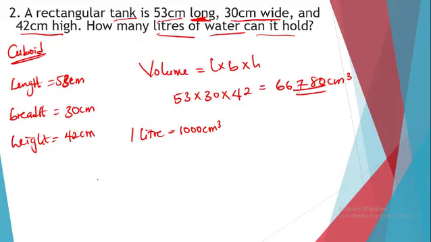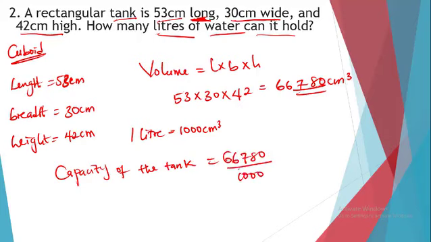If that is the case, then the capacity of the tank would then be equal to 66780 all over 1000. So we have 66,780 divided by 1000, and that will give us 66.78 liters. Okay, so the capacity of the tank is 66.78 liters. Okay, very simple. Let's take one more example.